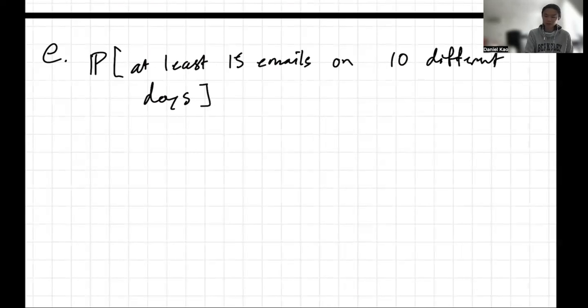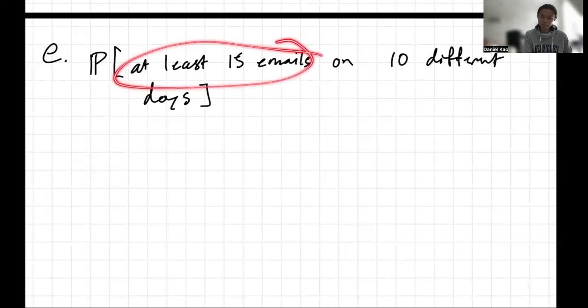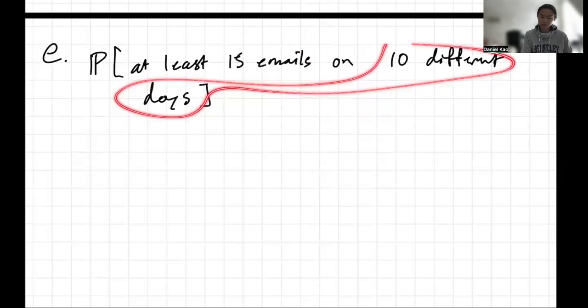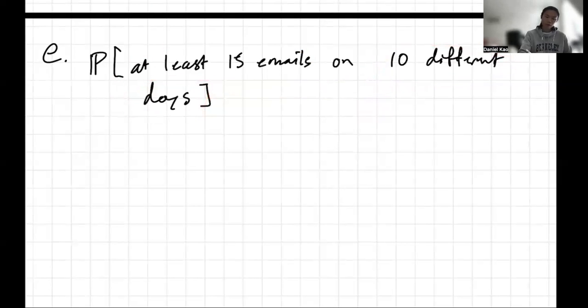but at least now it might be more clear that there's kind of, again, two expressions or two separate things that we might have to calculate. One is this at least 15 emails bit, and then we also have this on 10 different days bit. Okay, well, from our previous part, we actually already know what the probability of receiving at least 15 emails on one day is, right?